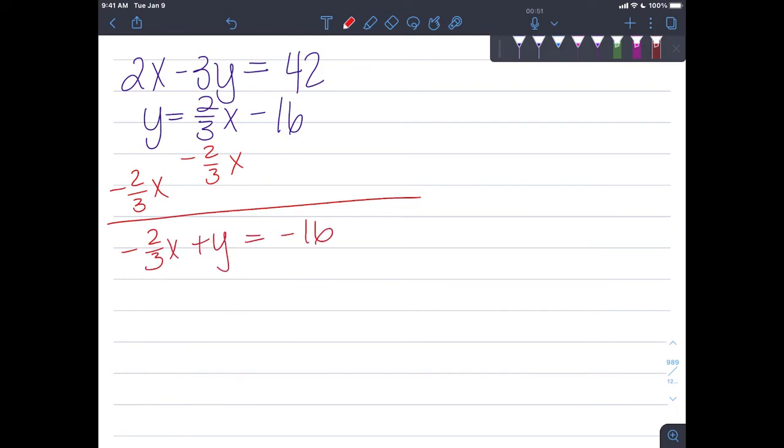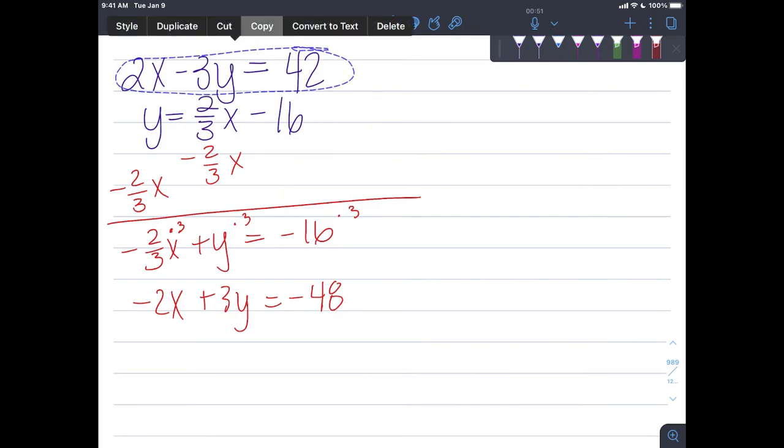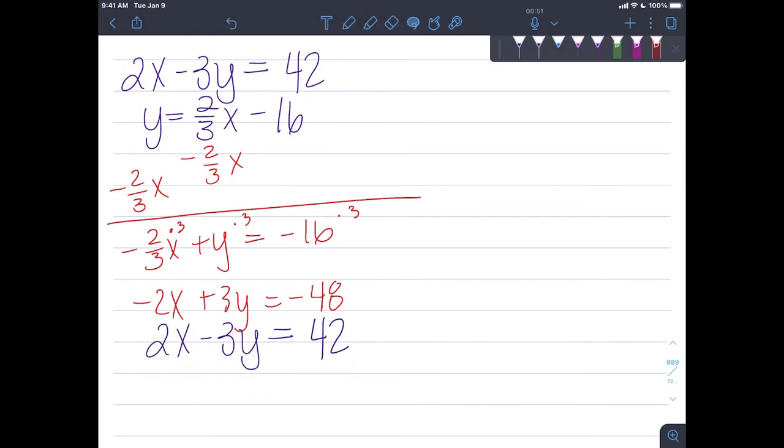Okay. And let me go ahead and multiply everything by a 3 to get rid of that fraction. Okay. So now I have this. I'm going to copy my first original equation over again. I'm looking at these. Okay, good. The x's will cancel. So cancel, cancel. 0 equals -6.